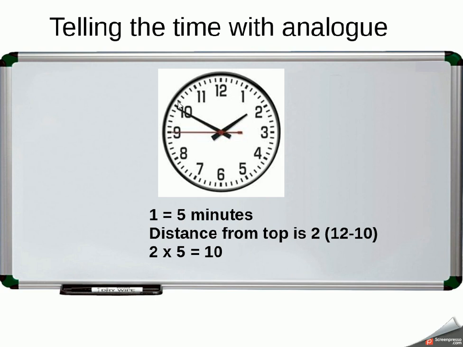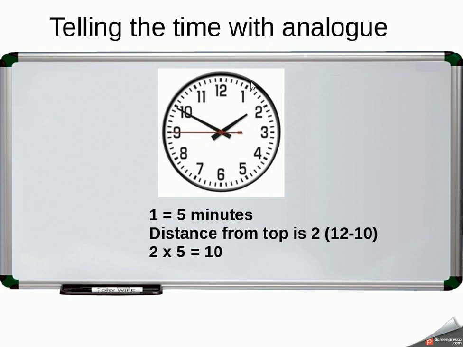So I looked at the number of hours, which is 2, multiplied it by 5, and that told me it's 10 to. And remember, when we're going towards, we go onwards to the next hour. So this time is 10 to 2. We can also say it as 1:50.